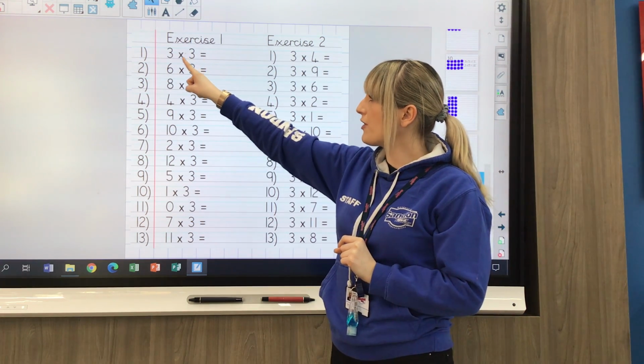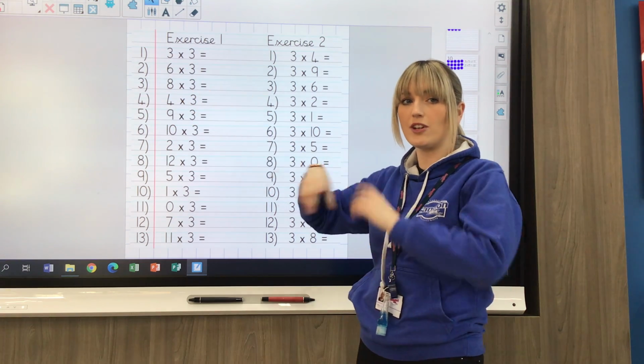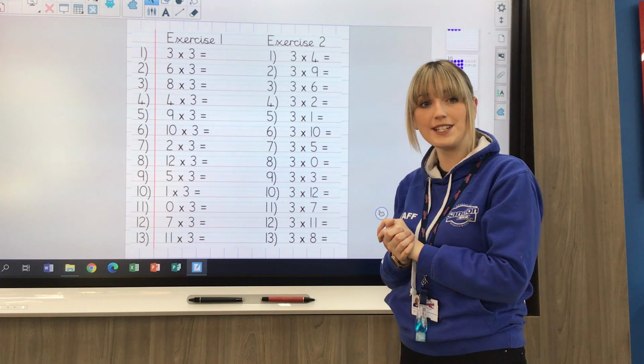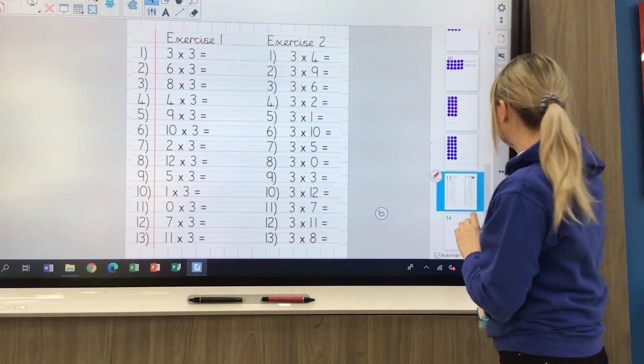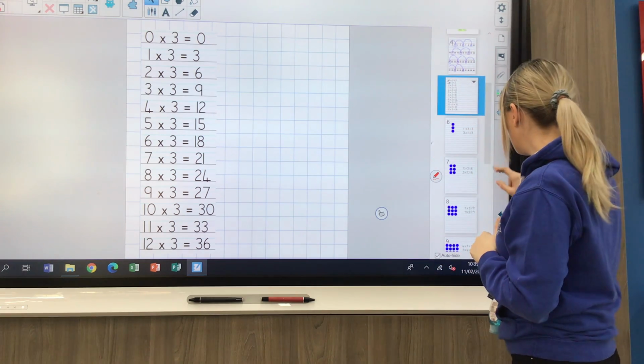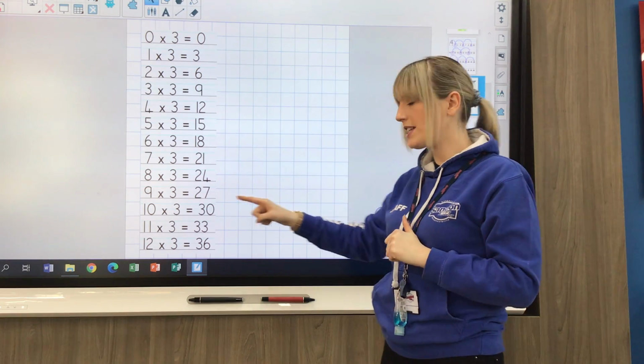So we've got 3 times 3, 6 times 3, 8 times 3, or lots of, remember. Okay, if you need to draw it, if you need to use the times tables we've already written out to practice, that's fine. Now remember, we've got our times tables written out.